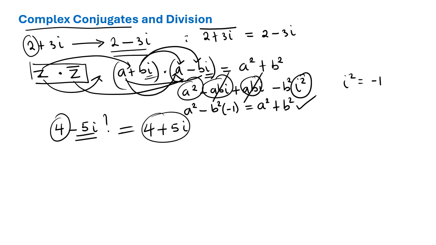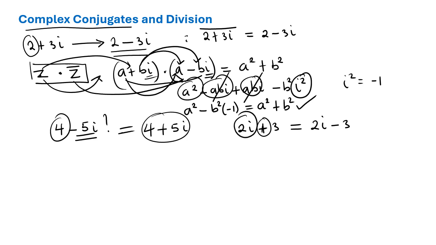Let me test you again. What is going to be the complex conjugate of, let's say, 2i plus 3? I know a lot of students would say the complex conjugate will be 2i minus 3. But this is not how you write a complex conjugate. It is not just about changing a sign to negative or negative to positive. The idea is to keep an eye on the imaginary part.